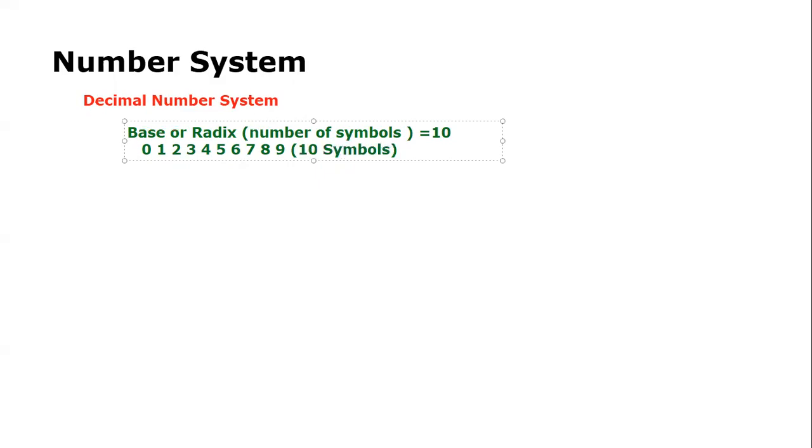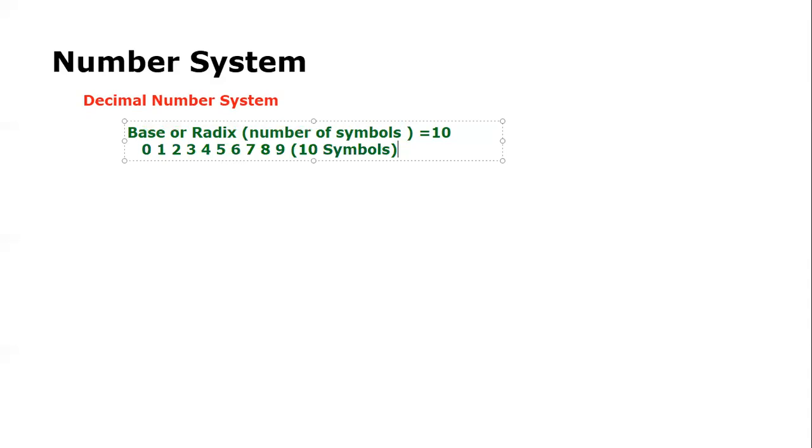That is why this number system is known as the decimal number system, because its base is 10, and deci comes from the Greek word deca for 10.